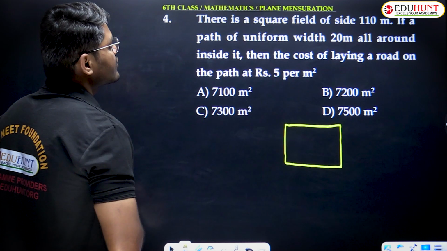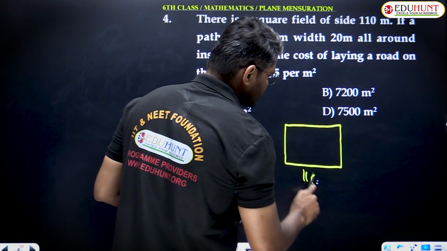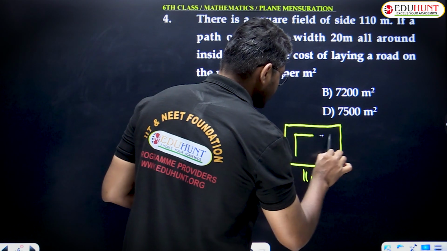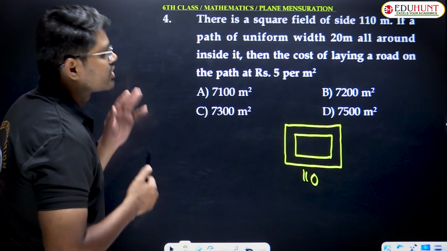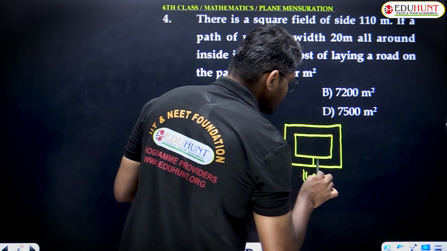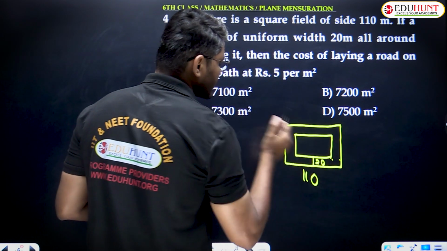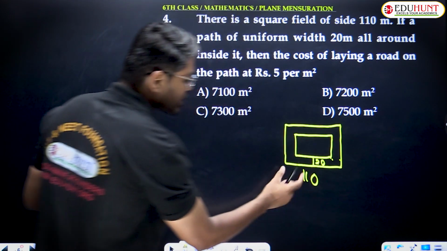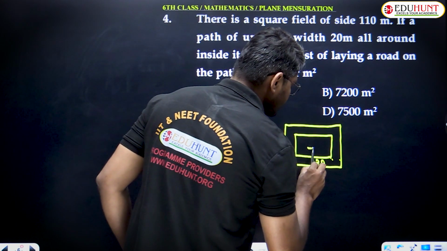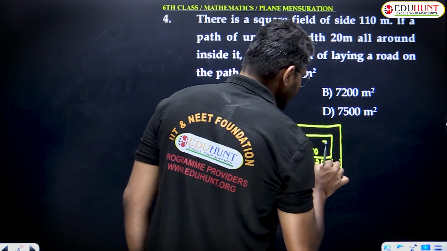With a path of uniform width 20 meters all around inside it, inside another square is there. So the width is 20 meters. So this 20 and this 20, we have to subtract 40. If I subtract 40 from 110, I will get 70. So this is also 70.